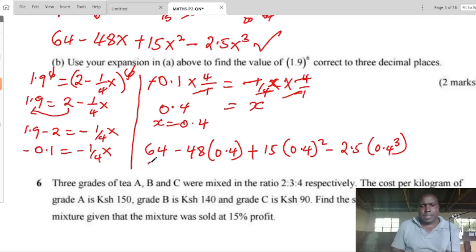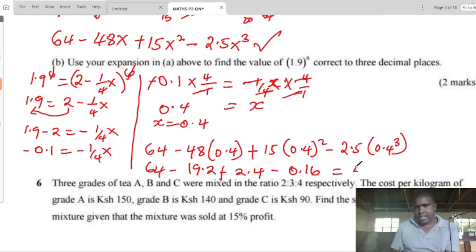This one will be 64 minus 19.2, plus 2.4, and then minus 0.16, and the answer is 47.04. Now what you do, because they said 3 decimal places, add a 0 there.